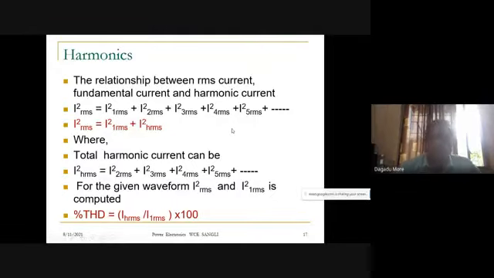Now the relationship between RMS currents. You know the root mean square, RMS. You have already studied in first year the definition of RMS current based on the heating effect.